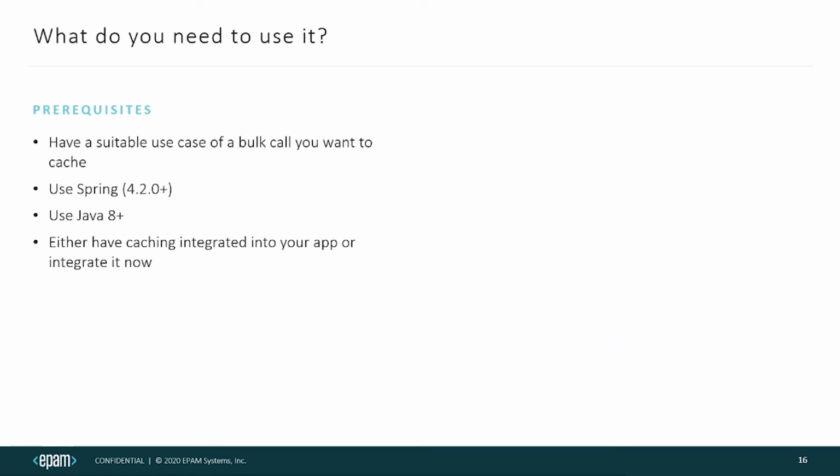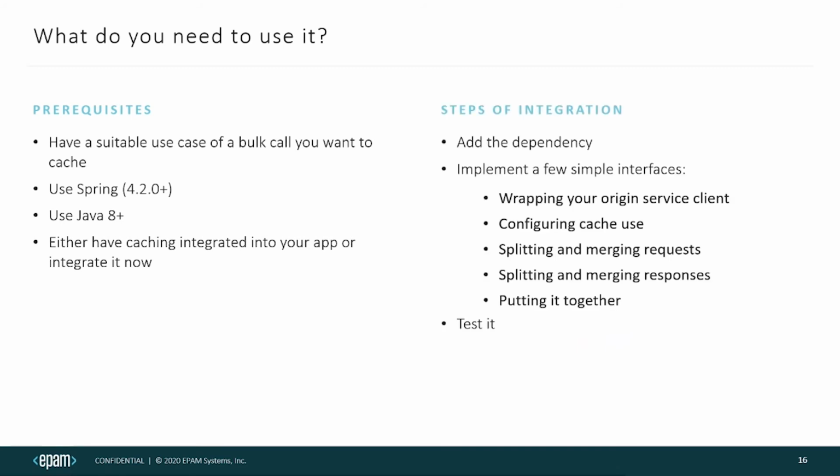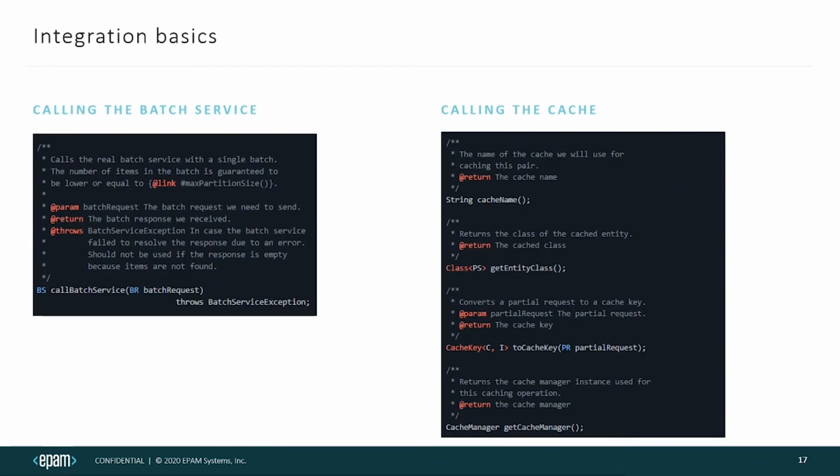But once you have this, you just need to add the dependency. You need to implement 5 simple interfaces, and these interfaces are really simple. So you just need to wrap the service client, you need to configure the caching use case, you need to split and merge requests and responses and put everything together, then test it, and you are off to the races. So let's see this in a bit more detail.